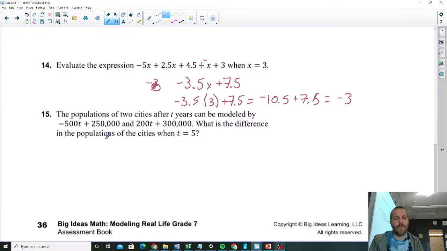Last one, we have populations of 2 cities. It says, what is the difference? So we're going to subtract the 2 populations.